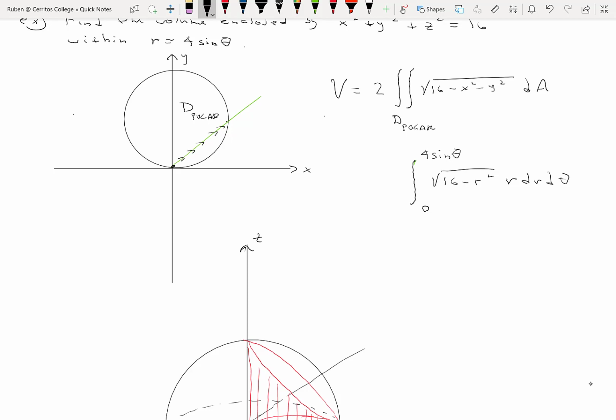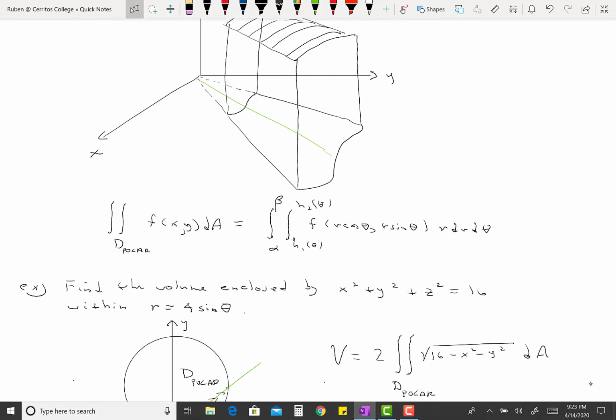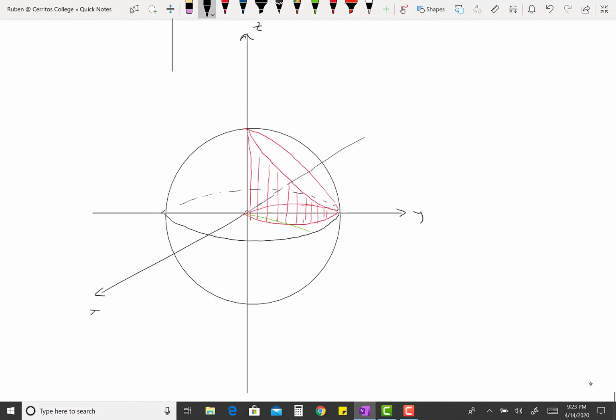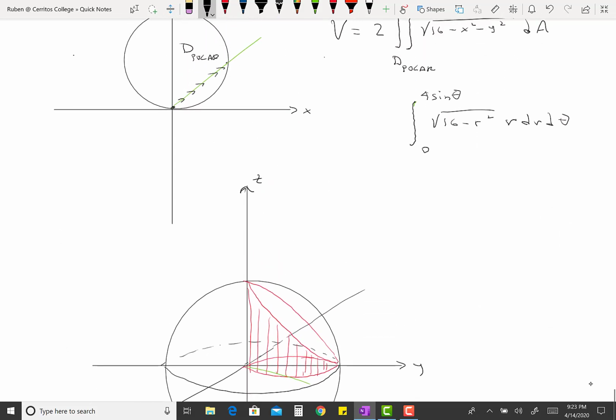So in terms of the formula above, which turned from red back to black, h1 of theta is 0. h2 of theta is that variable limit of integration, 4 sine theta.